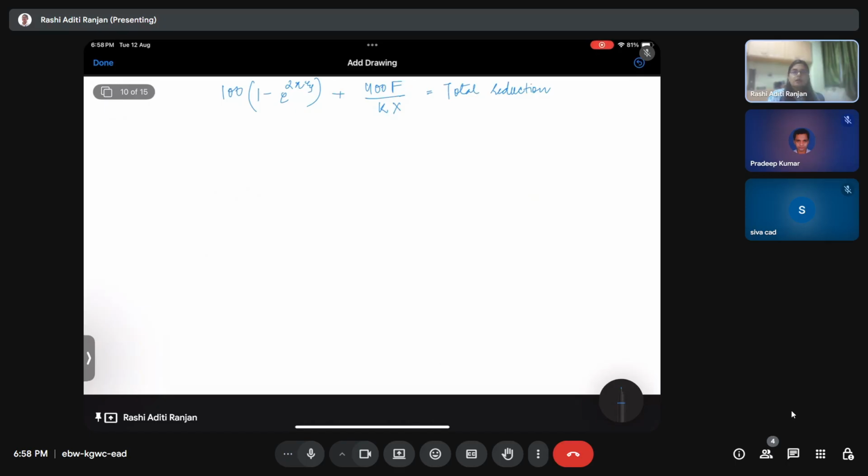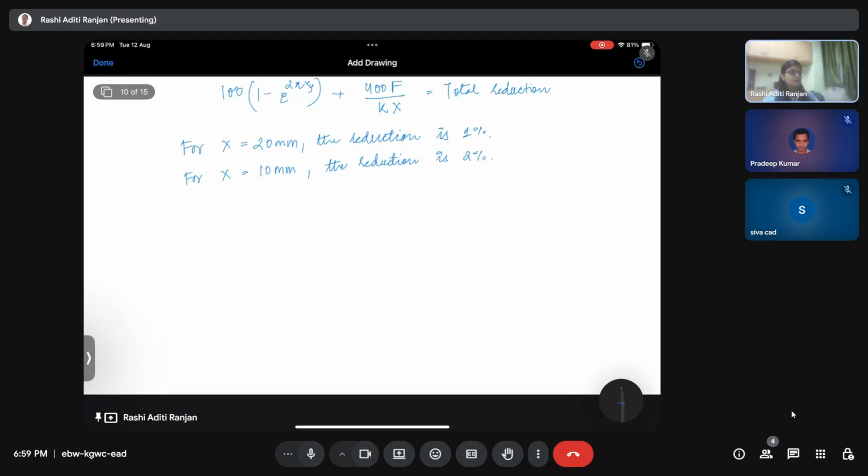Now x I have already been given in the question for two cases: for x 20 mm, the reduction is 1%, and for x 10 mm, the reduction is 2%.